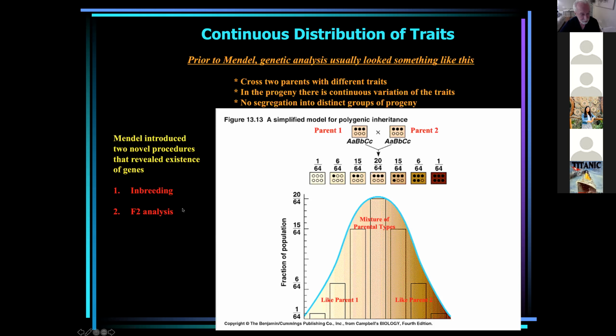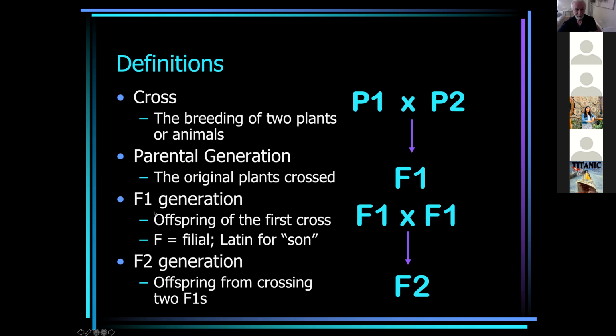And he did two very insightful things, listed here on the left. He did inbreeding and he did analysis of the second generation, which is F2. But first we have to think about some definitions. What is a cross? It's a breeding of two plants or animals, one with another.